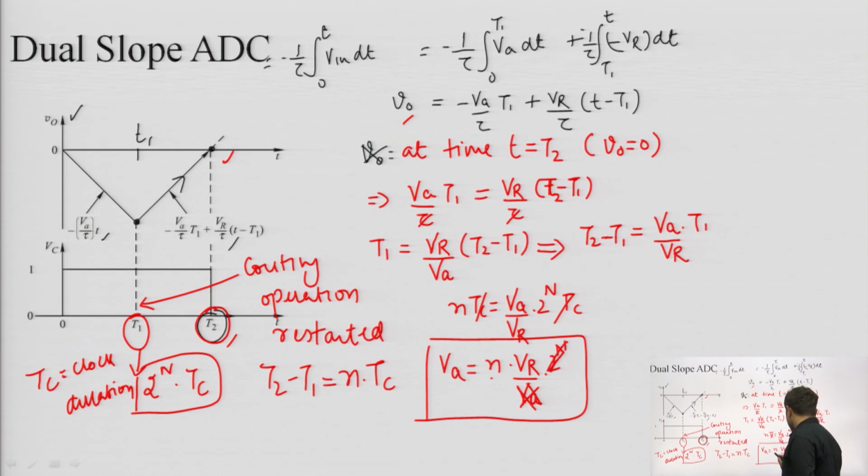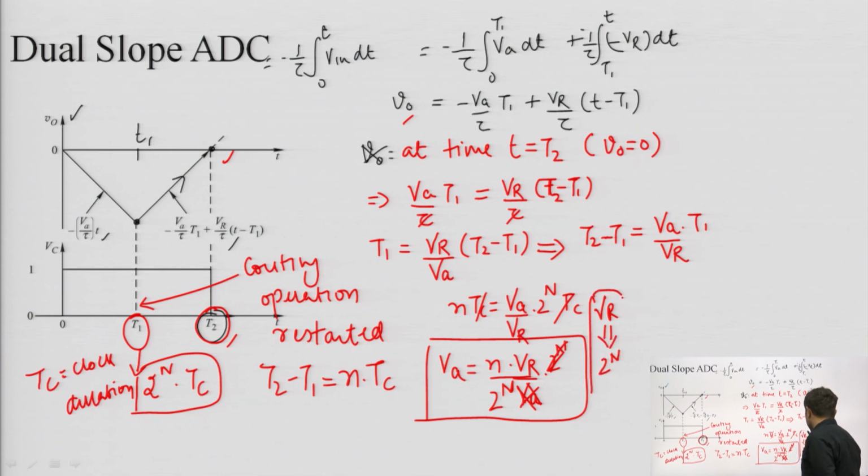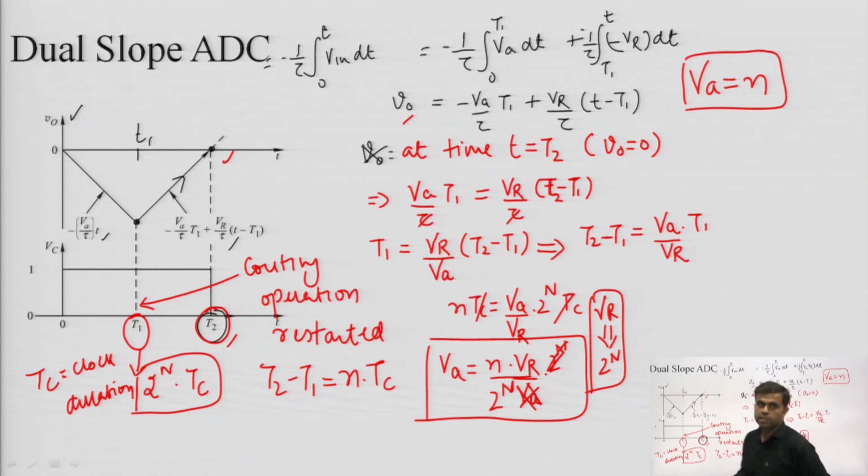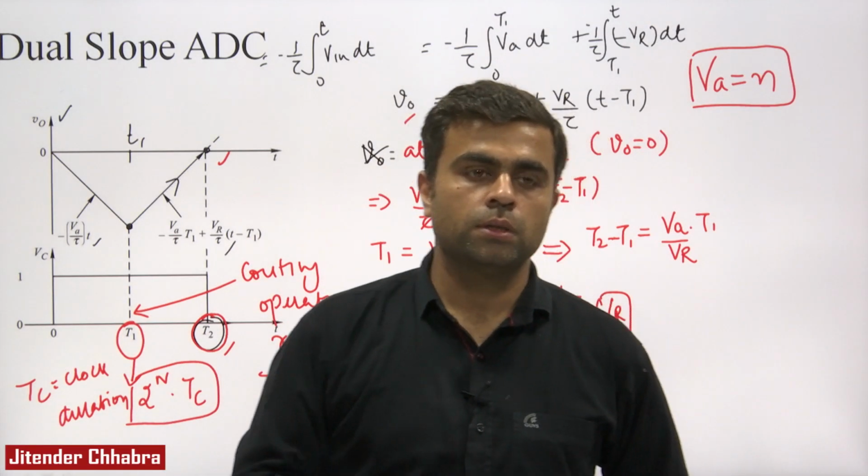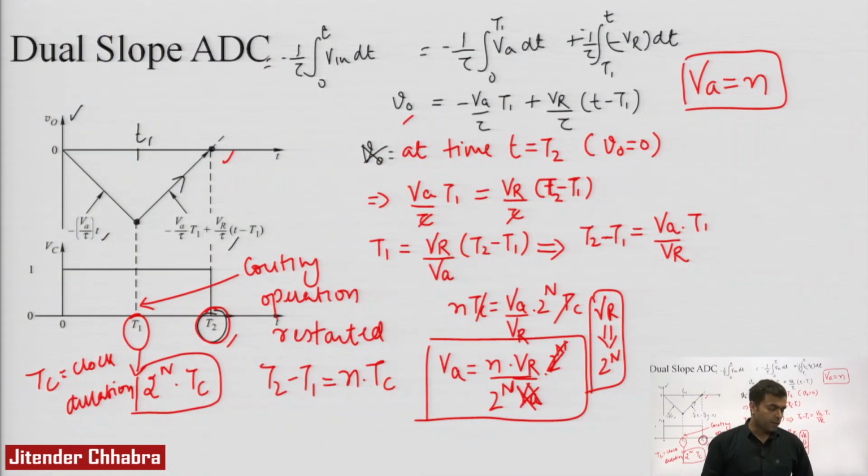This 2 raised to power n is actually in the denominator. Now if we are able to manage VR equal to 2 raised to power n, then ultimately VA becomes equal to n. That means the count of the counter is exactly proportional to the applied analog input. So the counter output will be displaying a value equal to the analog input.